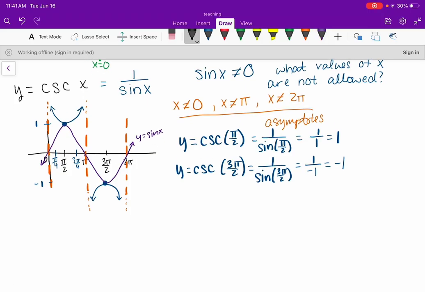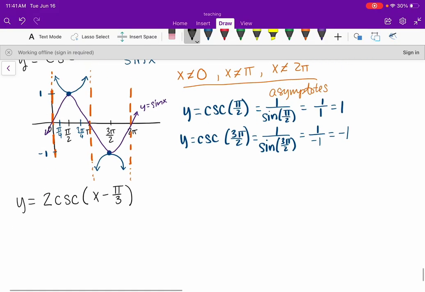Let's do another example of cosecant. If maybe I did like y equals 2 cosecant of x minus pi over 3, something like this.